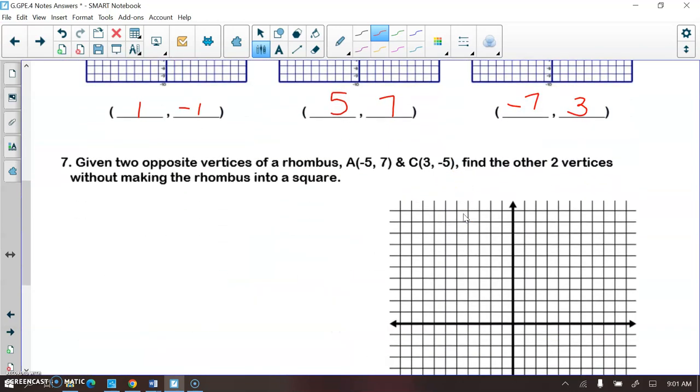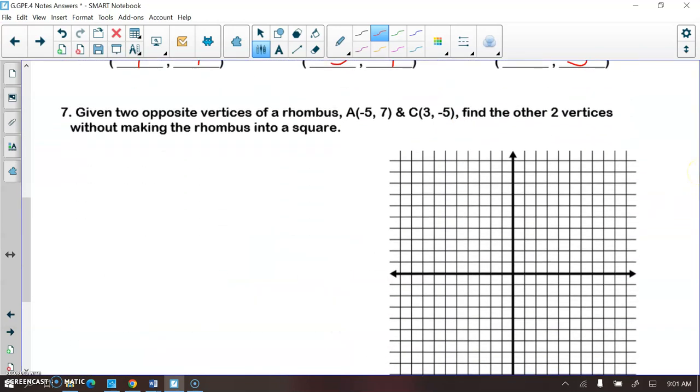All right, now the next problem, I have opposite vertices of a rhombus at -5, 7 and 3, -5.